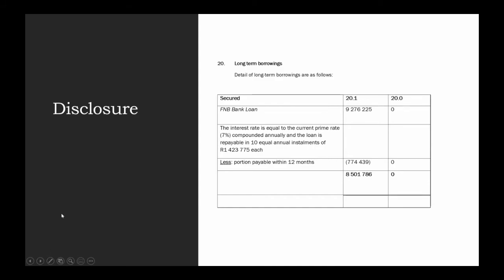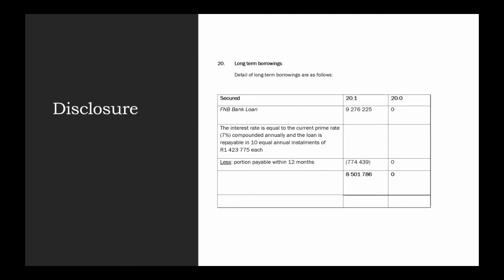We then move over to the long-term borrowings. Here we reflect the amortized value of the loan at the end of December being 9,276,225 Rand. Interest rate, which is equal to the current prime rate of 7% compounded annually, and the loan is repayable in 10 equal annual installments of 1,423,775.